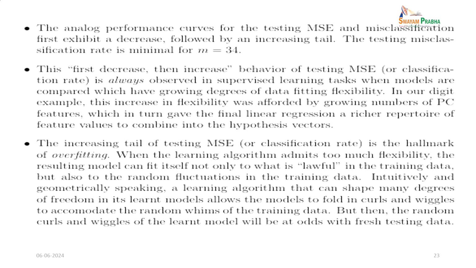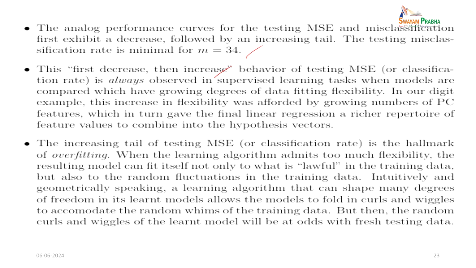So the analogous performance curves for the testing MSE and misclassification first exhibit a decrease followed by an increasing tail. The testing misclassification rate is minimal for m equal to 34. This first-decrease-then-increase behavior of the testing MSE or misclassification rate is always observed in supervised learning tasks when models are compared which have growing degrees of data fitting flexibility.